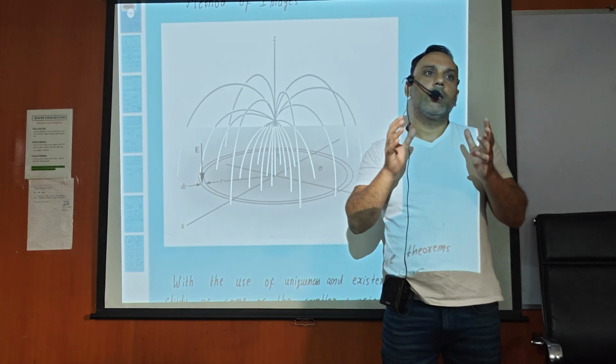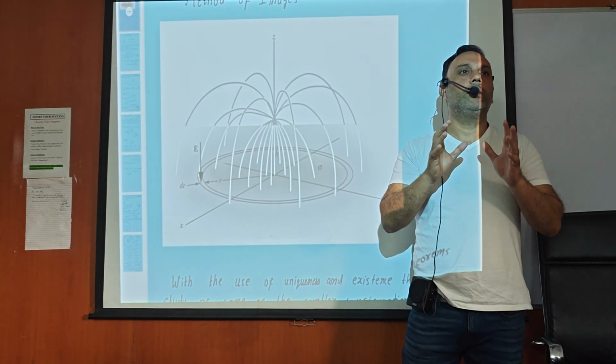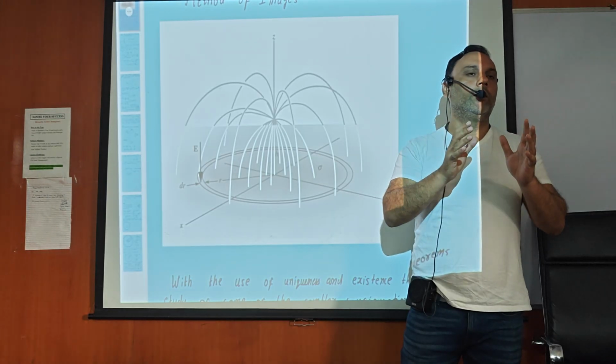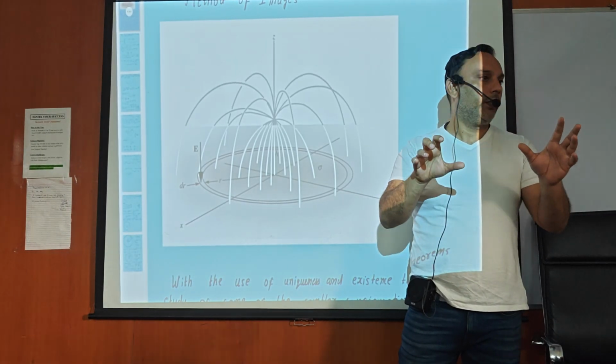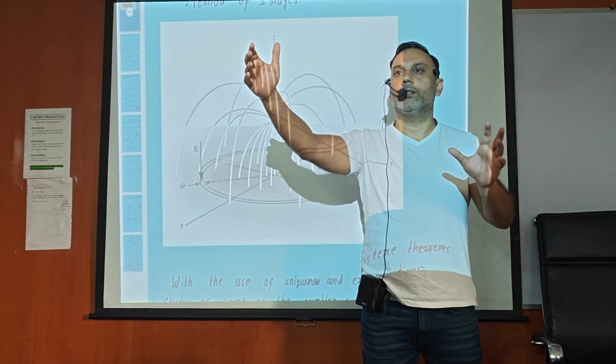Now one such property is this. Suppose we have a charge configuration of three point charges, and it is producing a certain kind of electric field in space.